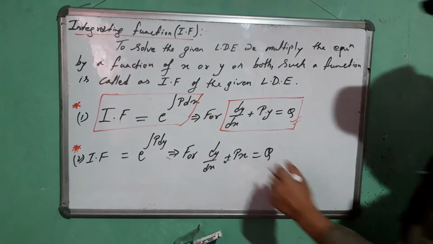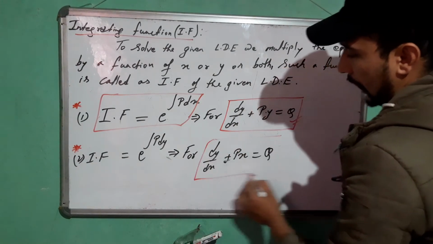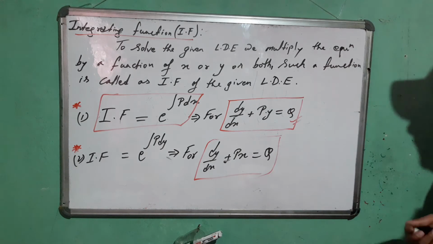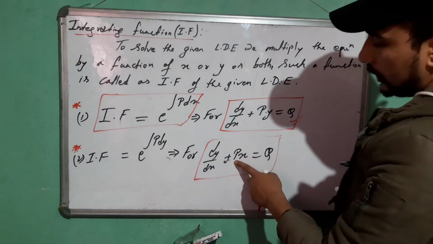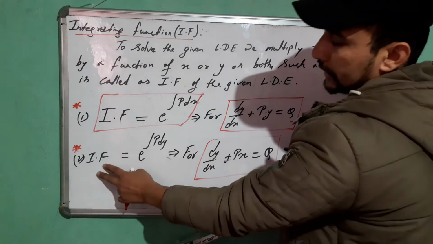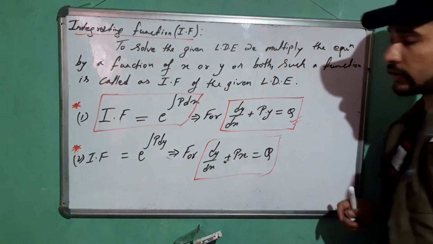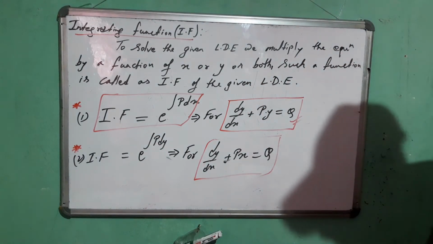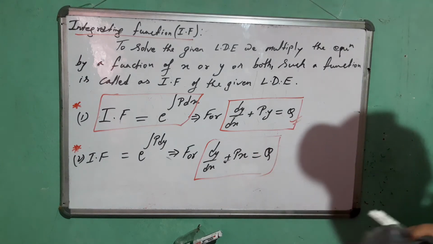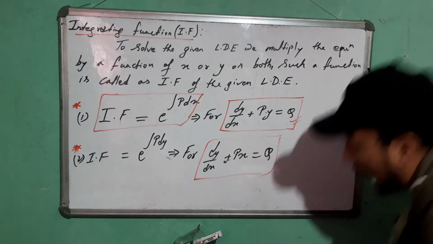And for this type, dx dy plus px equals to q, where p is a function of y, then integrating factor will be e to the power integration p dy. This p is a function of y. So make a proper note of this also, integrating factor.